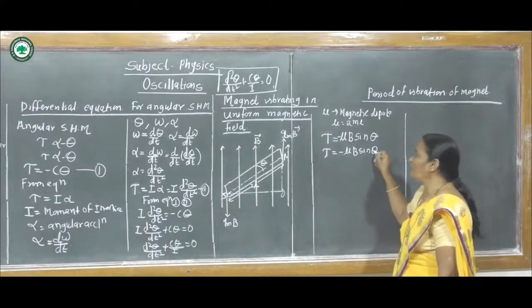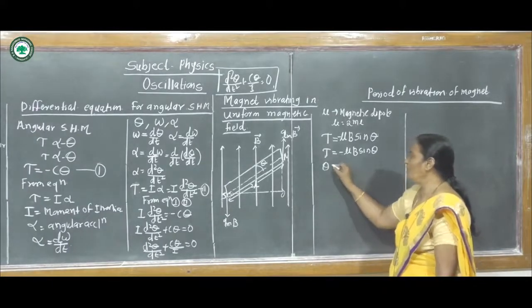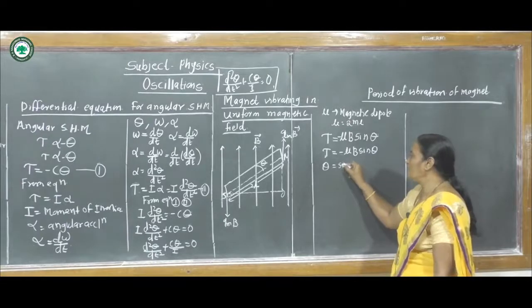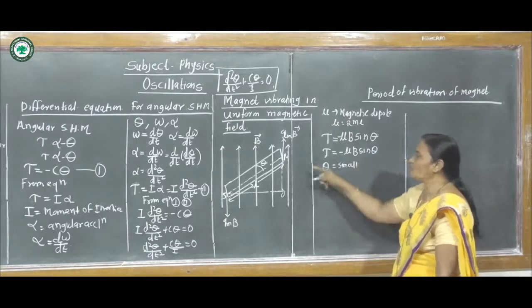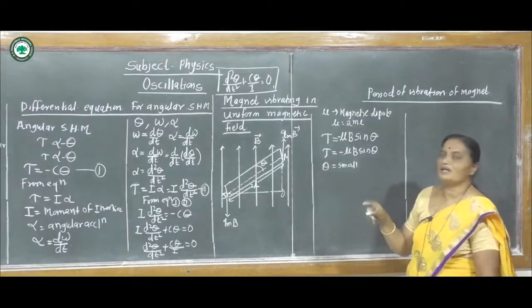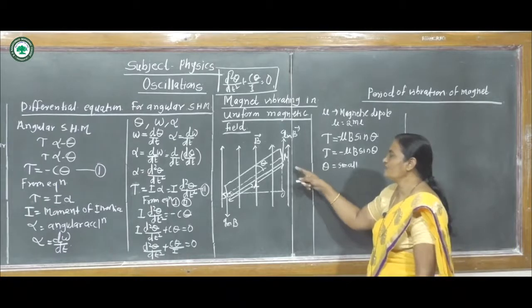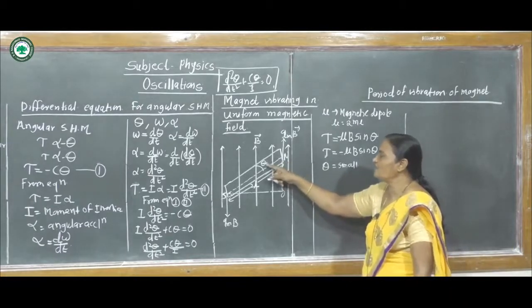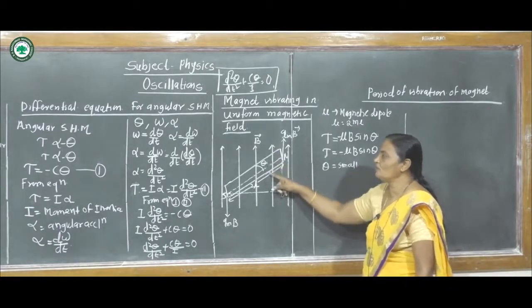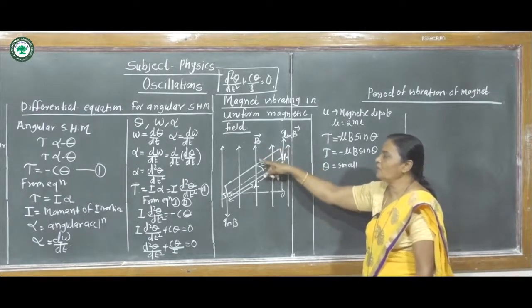Now, this theta should be very small. When theta is small, the magnet performs oscillations, and these oscillations are angular simple harmonic motion. That is, it performs to and fro motion about the mean position.